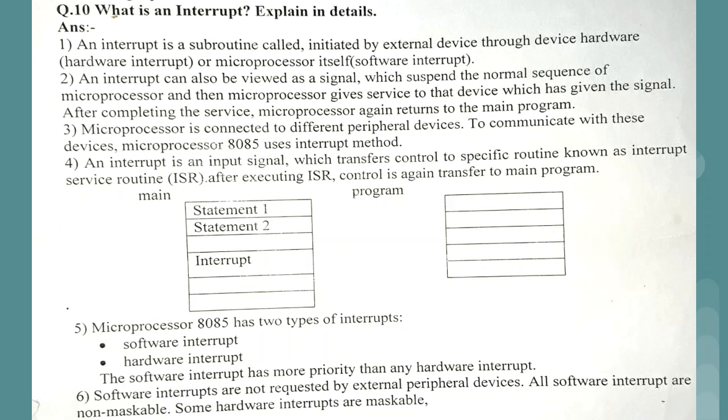An interrupt is nothing but an input signal which transfers the control to a specific routine known as the interrupt service routine. Whenever an interrupt occurs, it is a kind of input signal. The hardware device connecting the external device generates the interrupt, providing the input signal, and because of this signal the control transfers to the specific routine, meaning a specific function.